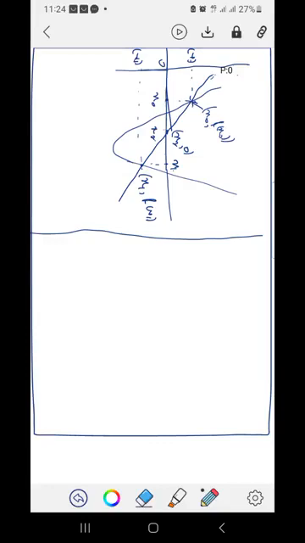In 100 level coordinate geometry, I specifically said that we are going to need this thing: the equation of a line passing through 2 points. So here we have to generate an equation for this line passing through 2 points with the intention of determining the value of x2.